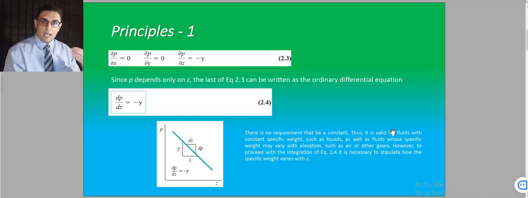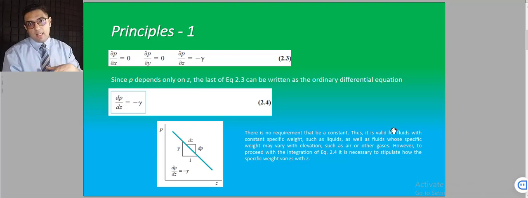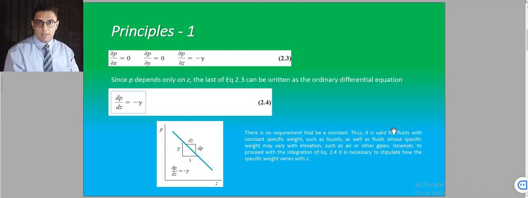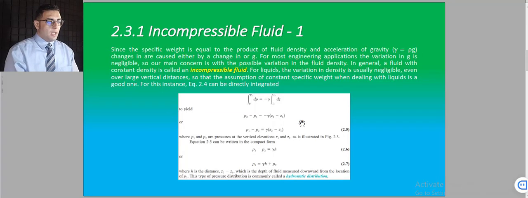Or some other gases like air or any other kinds of gases. But we have to stipulate equation 2.4 in order to verify the usage of a constant specific weight. Here it is.